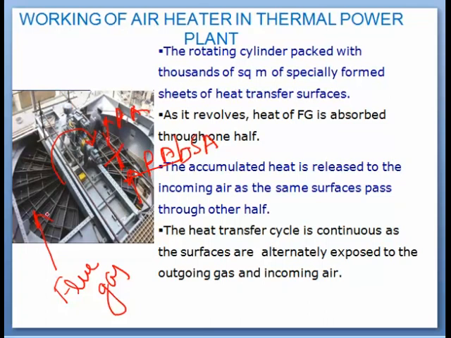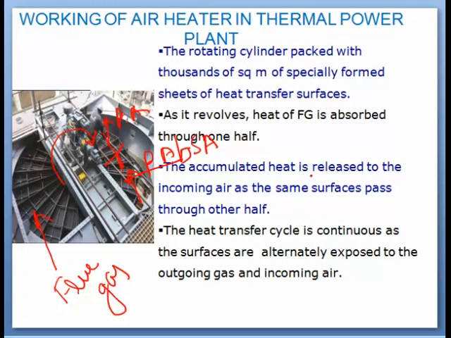So this element, after absorbing heat of flue gas, when it comes to this side, comes across the cold air, and this cold air absorbs this heat from this storage medium.